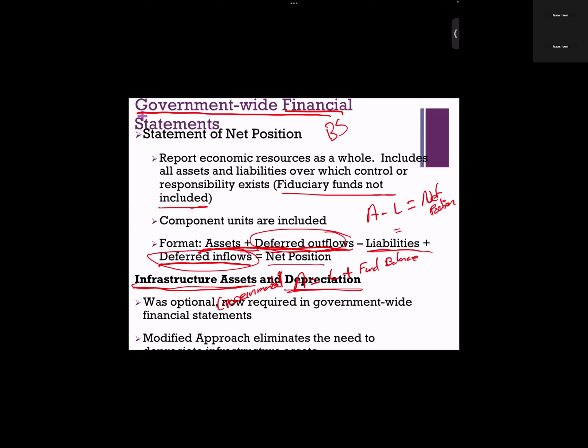We can still depreciate assets because there are some assets that make sense to depreciate, a police car or fire engine or something like that. But infrastructure assets, all this is saying is there's other reporting that's required now. Okay.